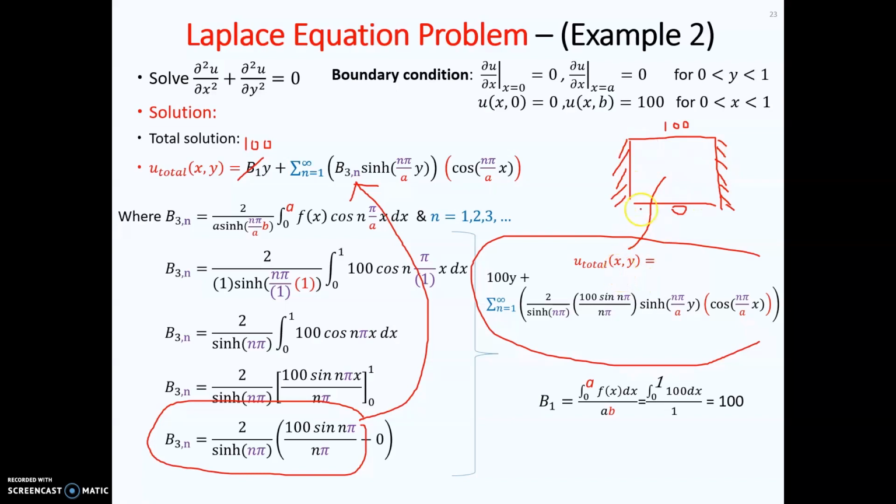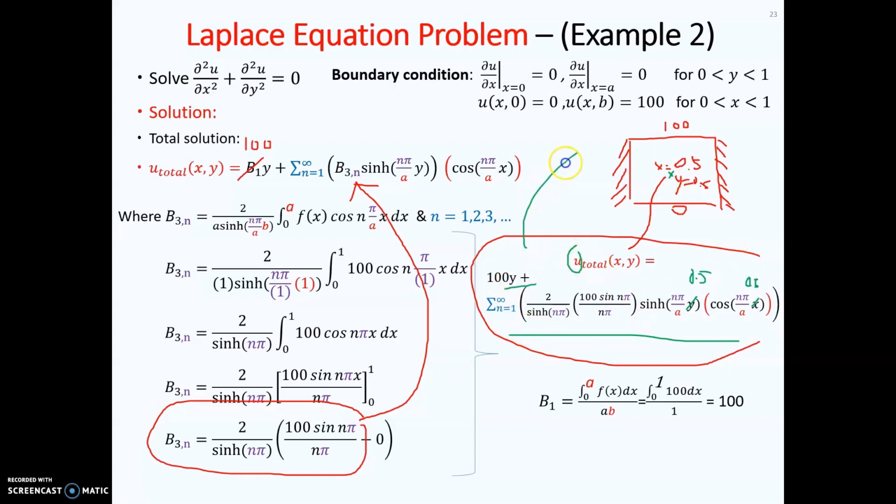So for example, if you want to know at x equal to 0.5 and y equal to 0.5, which is the center of this plate, you need to substitute the x and y here equal to 0.5. By computing this series, you can obtain the temperature at this point.